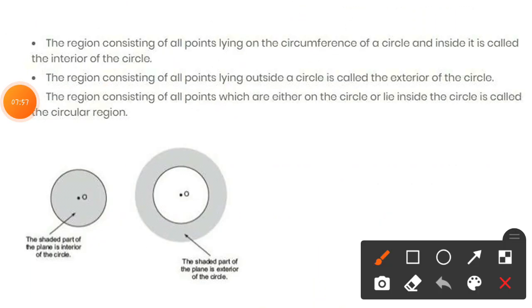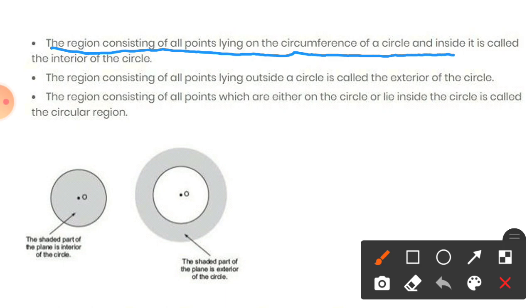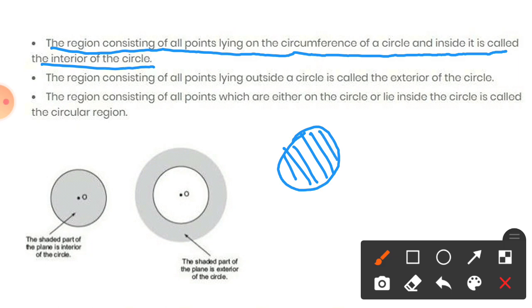Now let's discuss the regions. Correct? The region consisting of all points lying inside the circle is called the interior part. So there is a circle. This portion is known as the interior part, this is the exterior part, and this border is called the circle. So there are 3 parts of a circle.